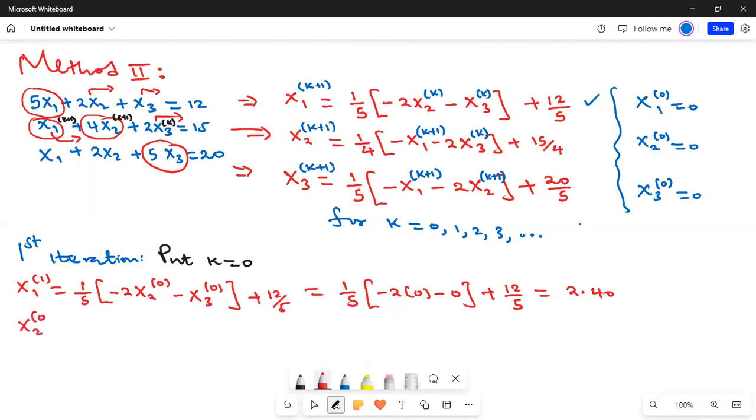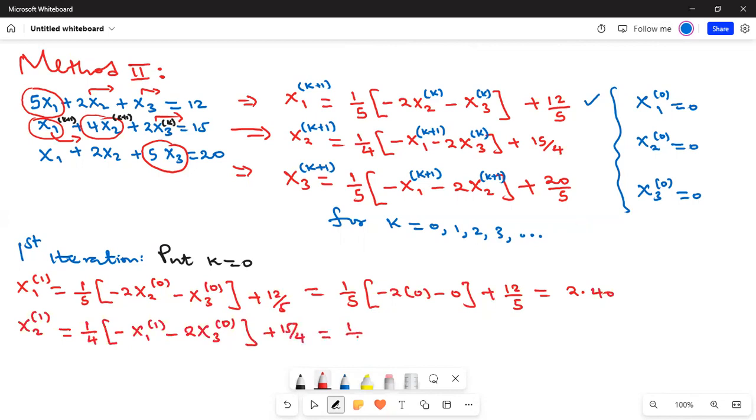Equation 2, x2 at level 1 is 1 over 4 negative x1 at level 1 minus 2 x3 at level 0. Remember k is 0. You are adding to 15 over 4.